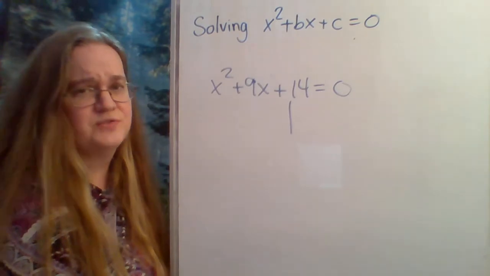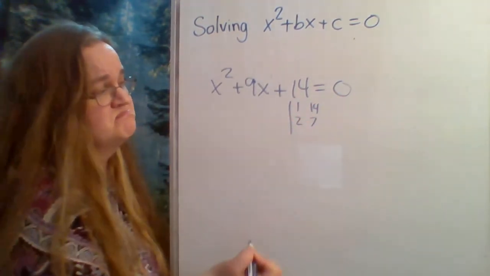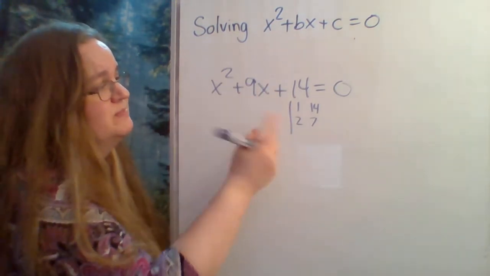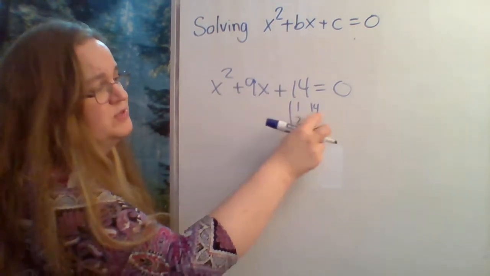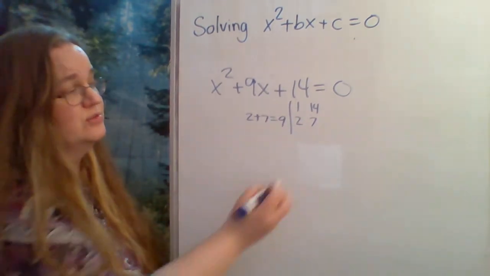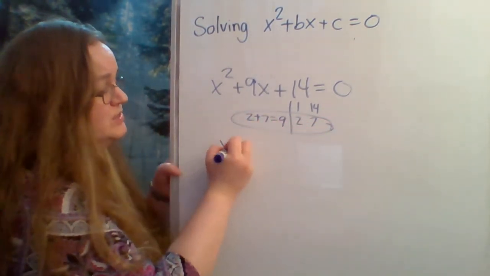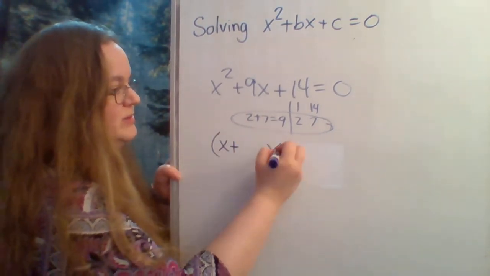I look at the factors of 14. 1 times 14, 2 times 7. That's about it. These are both addition, so this is a sum because c is positive, so I'm just adding. 1 plus 14 is way too much, but 2 plus 7 is 9. So these are my factors.